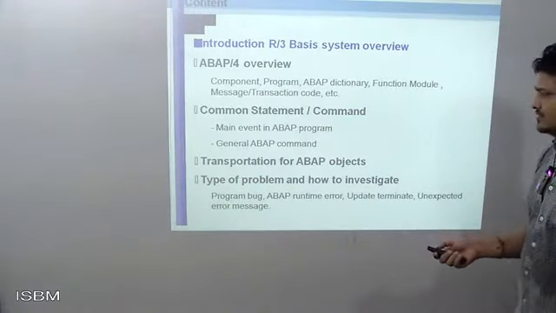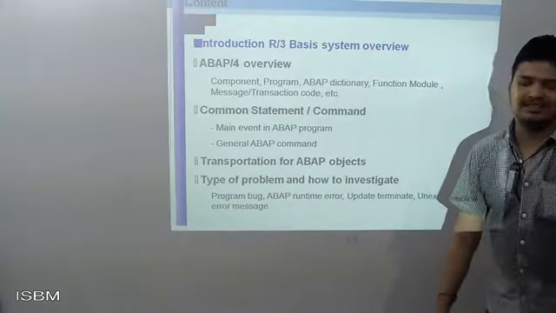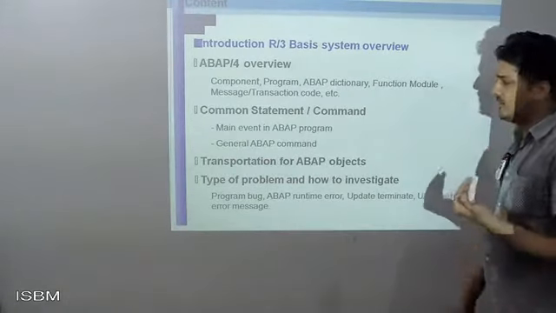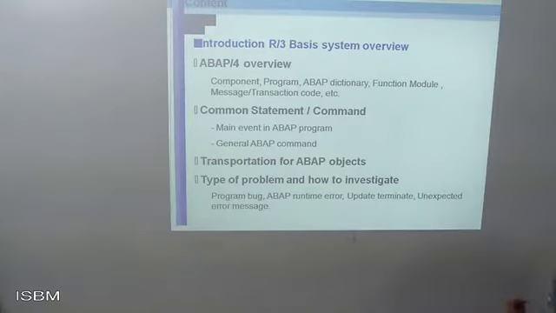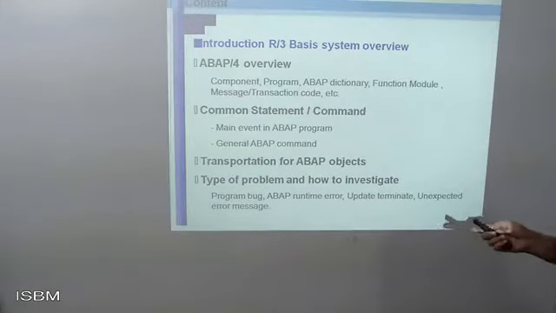Transportation is the main object through which we send data from one system to another, which in SAP terms we call TR. TR is nothing but transport. So we are going to check this.